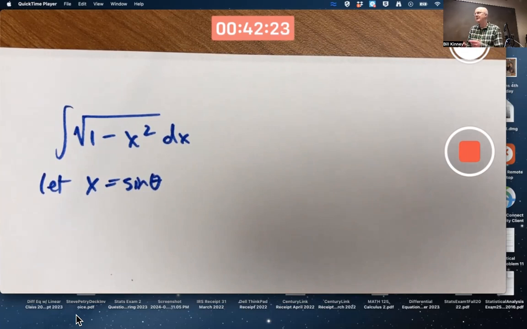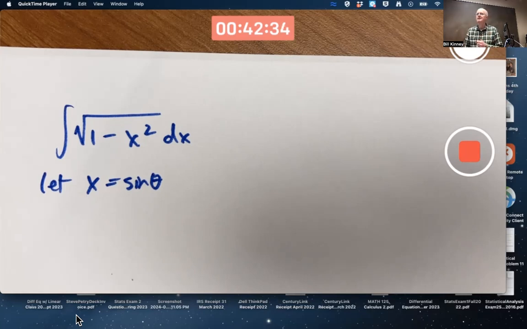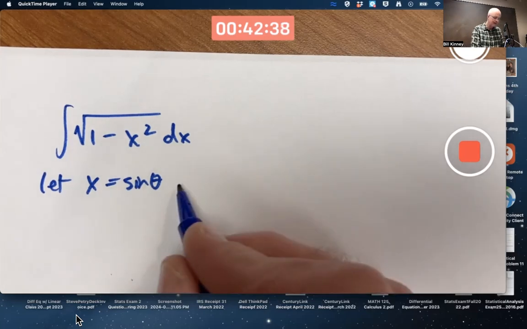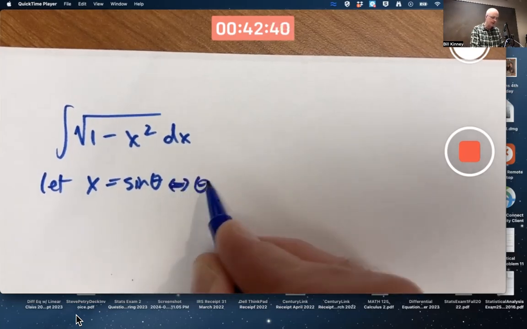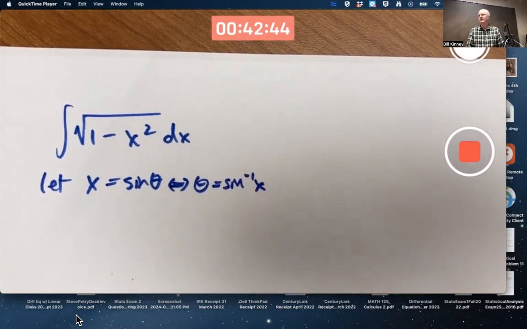Notice this is a little different than we did with W substitutions. We usually let W equal something involving X. Here we're letting X equal something involving the new variable, theta in this case. So it's a little different, but these are equivalent. This is equivalent to theta being inverse sine, at least for certain values of theta.